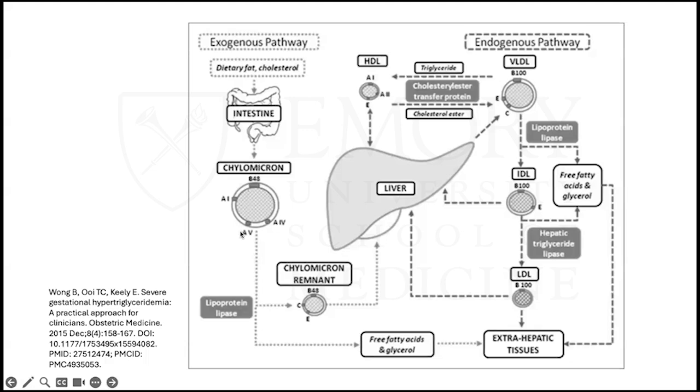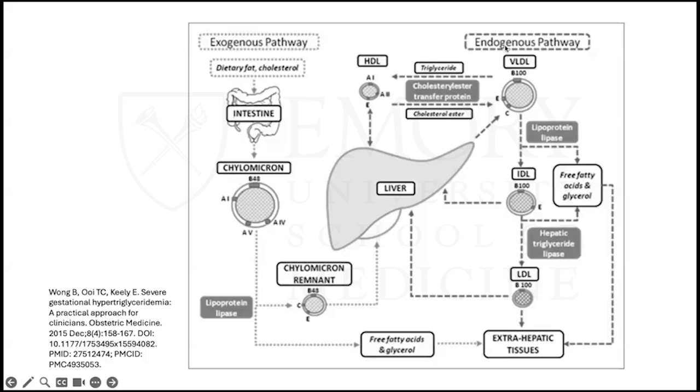These chylomicrons then travel through the blood to the rest of the body. For our muscles as well as fatty tissues, there's an enzyme that sits in the capillaries that line these tissues, called lipoprotein lipase. That's right here. If you remember back to medical school, it's an enzyme that breaks down triglycerides into free fatty acids so that they can be absorbed by fat tissues and muscles to be stored.